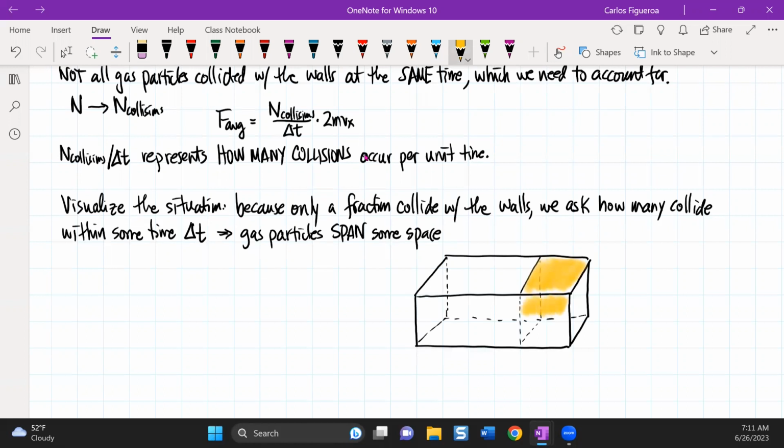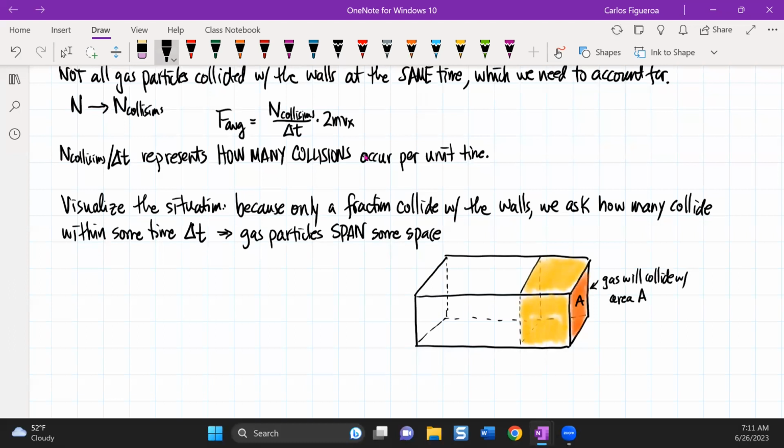So I'm going to have a yellow box, and the wall that I'm going to focus on is this end right here. Here's my area, and this is where the gas will collide with area A.